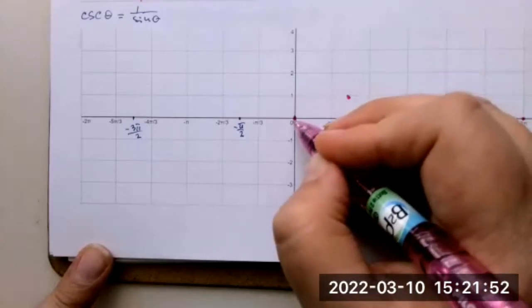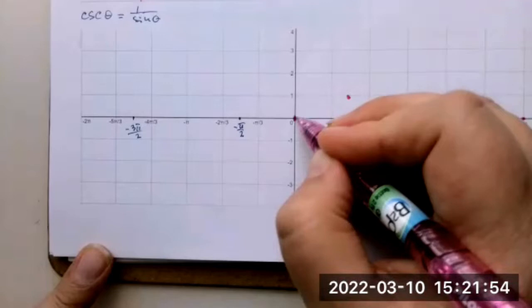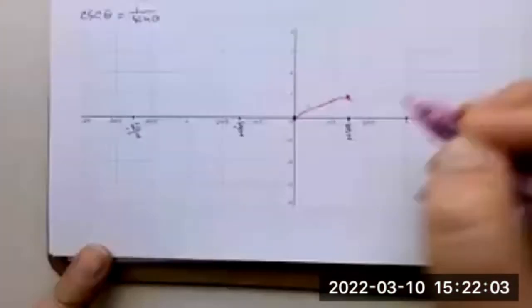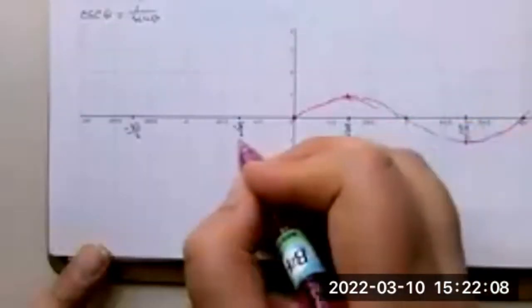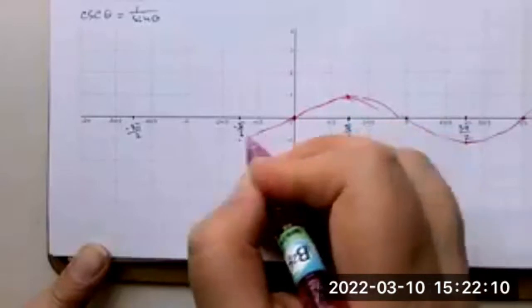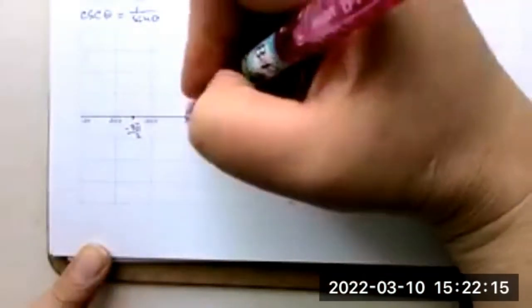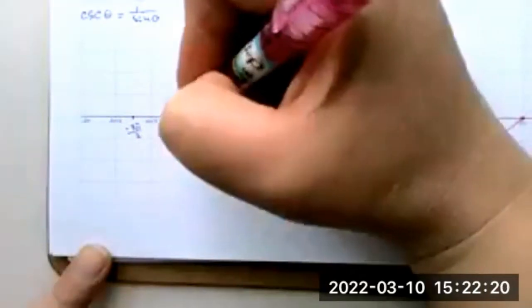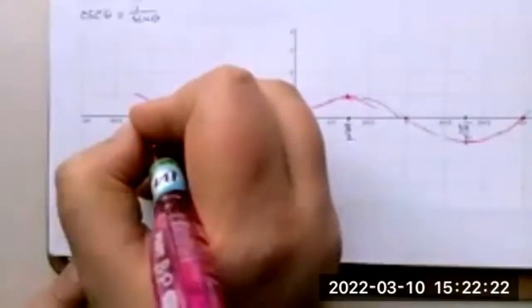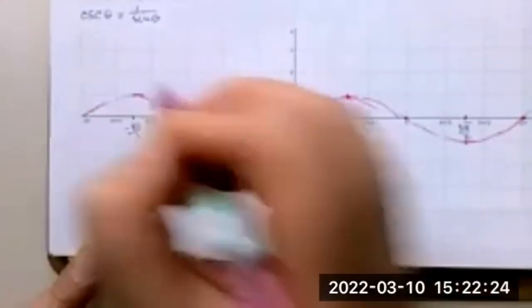So this is one cycle of the sine function, and then we can extend it, of course, to the other side. Just draw a couple more cycles of it.